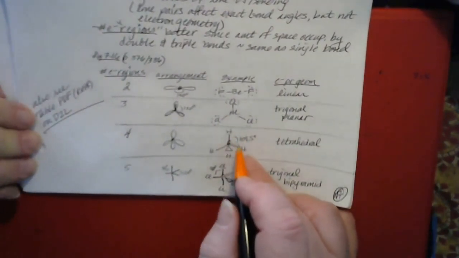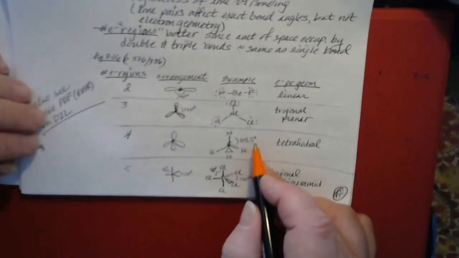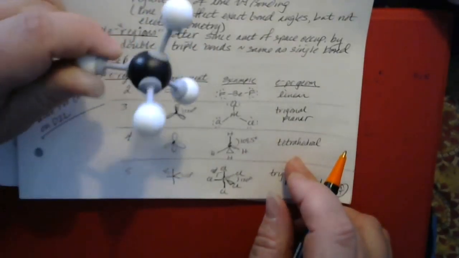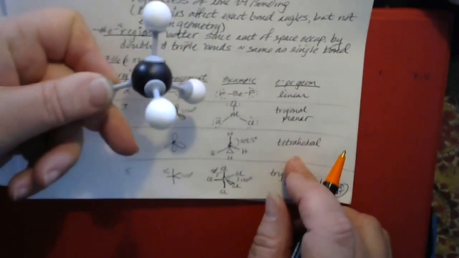But if you allow things to go into 3 dimensions, you can get those hydrogens and the electrons in the bonds to the hydrogens to be 109.5 degrees apart. And that is known as a tetrahedral arrangement. And I built one here in a molecular model kit. And this is a tetrahedral arrangement.